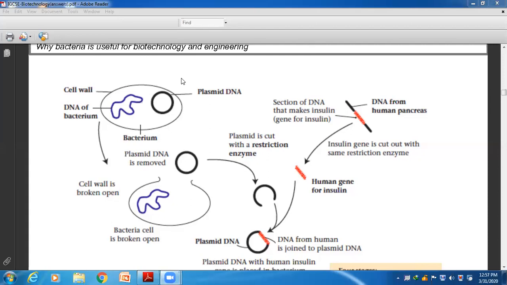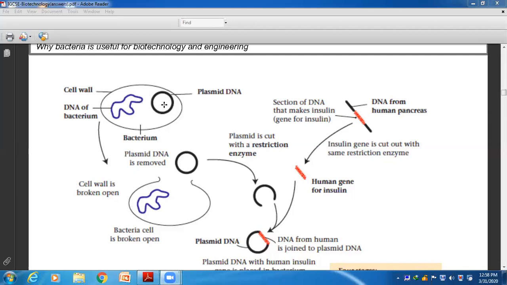Very nice. So remember, the restriction enzyme through which I cut the gene of interest of that human DNA, the same restriction enzyme I will use to cut the plasmid. Okay, remember, it is a very important point. Is it clear? For example, here I cut this gene of interest by one restriction enzyme, for example BamHI.